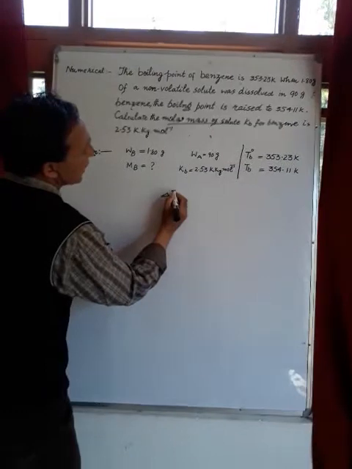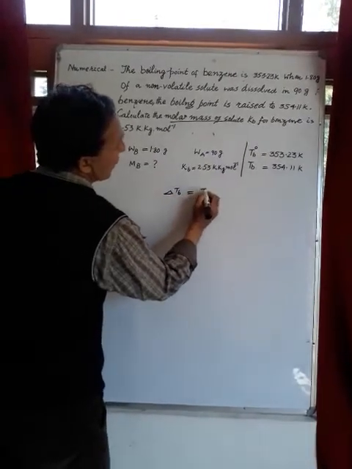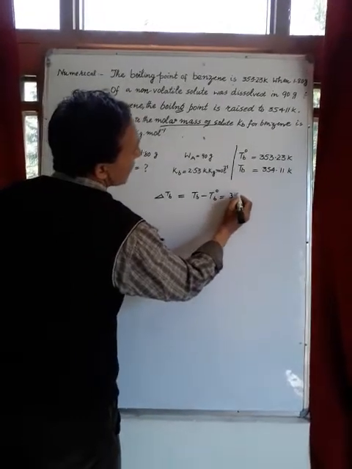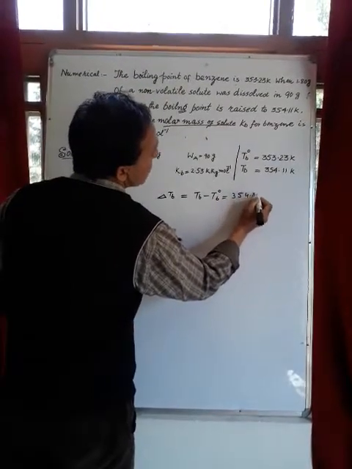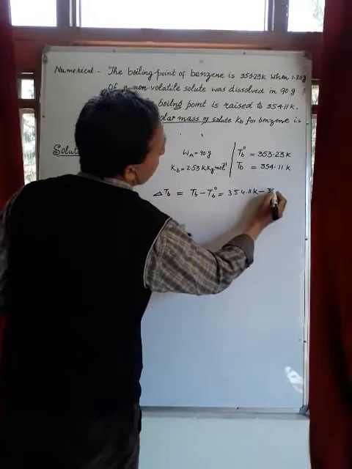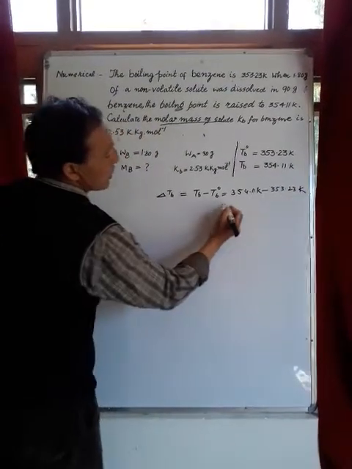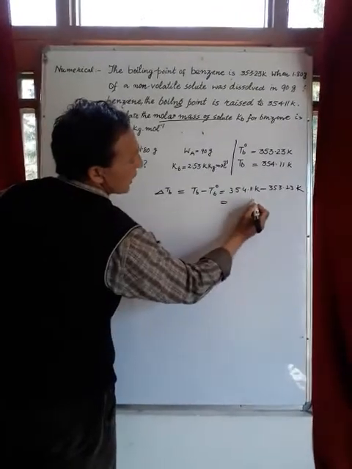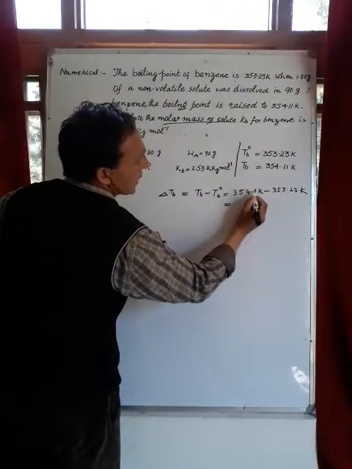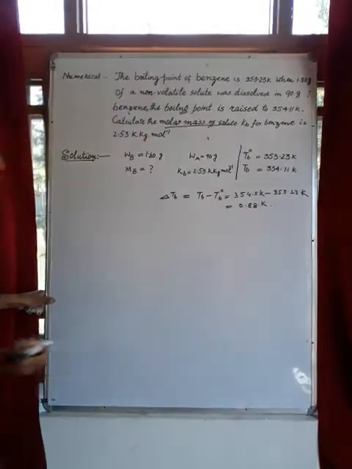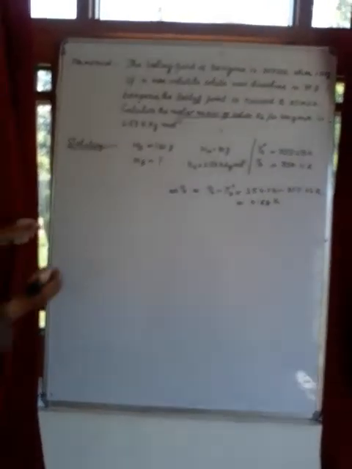That is del Tb is equal to Tb minus T naught b. That is equal to 354.11 Kelvin minus 353.23 Kelvin, which is equal to, इसको हम इससे निकालेंगे 11 में से 3 8, 10 में से 2 8, 0.88 Kelvin. Now we will apply the formula.